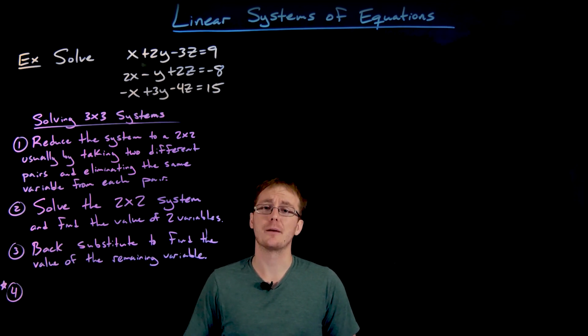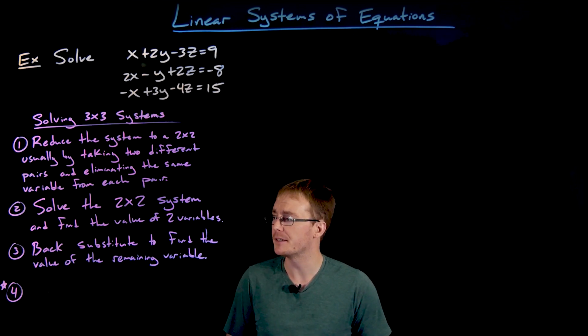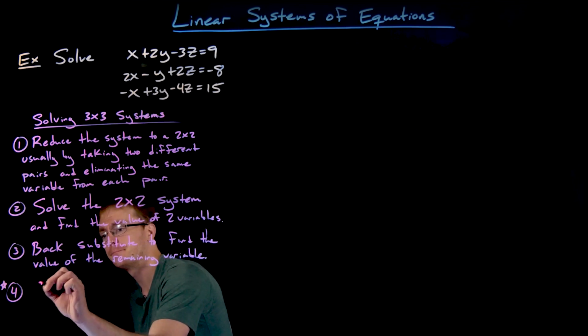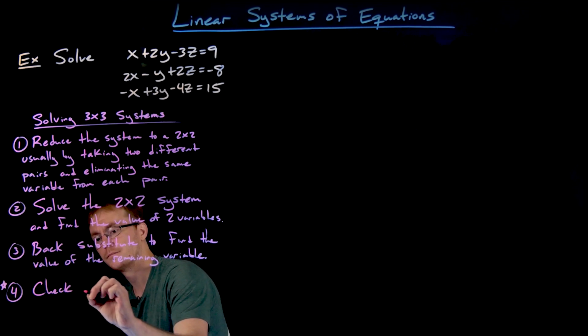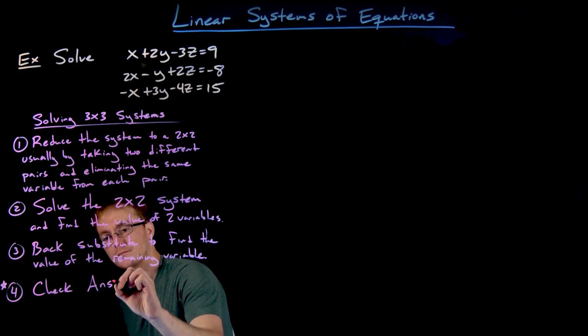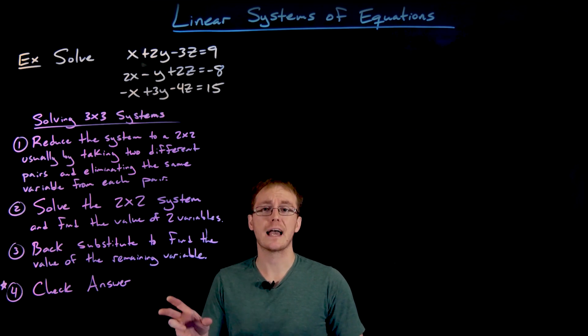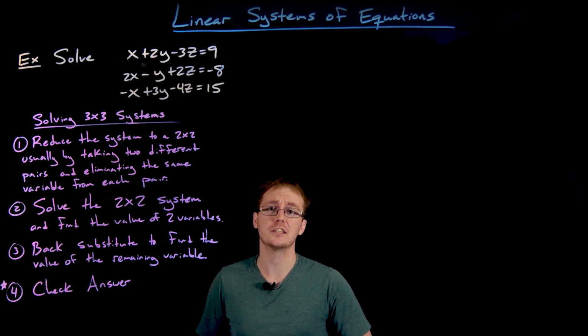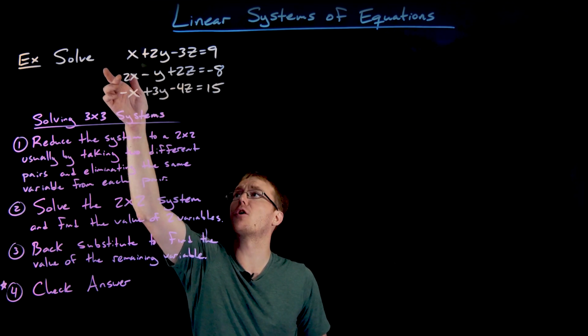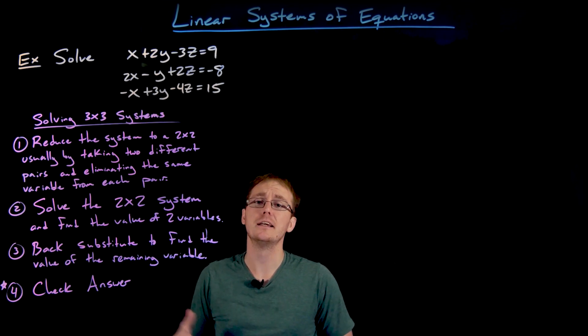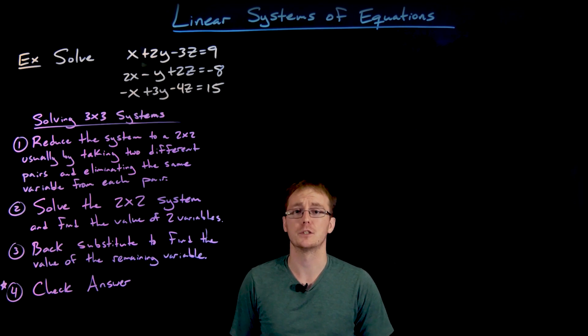And so that fourth step here, I'm putting an asterisk next to because it's very optional. That fourth step that I'm recommending, though, is to check your answer. And really, we're pretty much only going to be able to check our answer if we have an ordered triple x, y, z that we can plug into all three of our original equations and make sure it satisfies all three of the original equations.